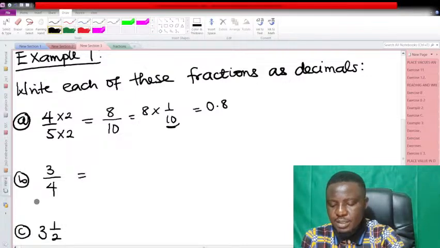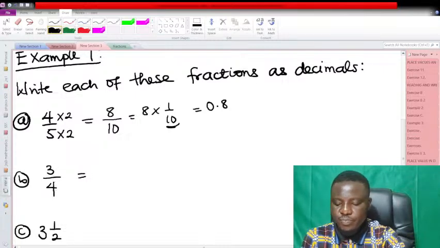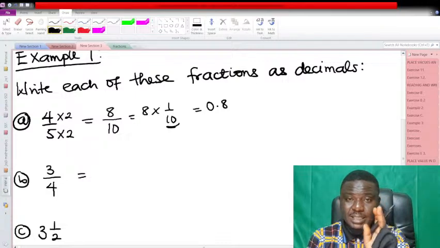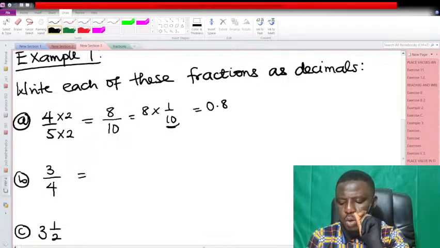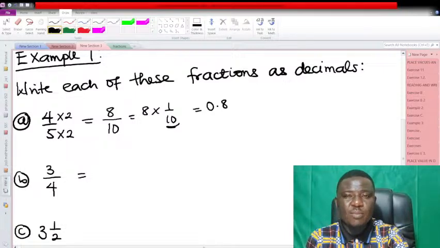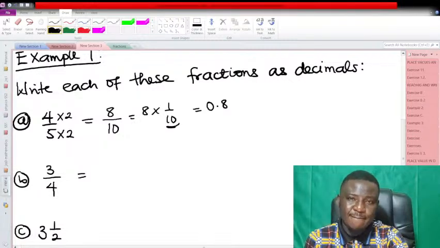B, we have 3 over 4. Just like I said, concentrate on the denominator. What will I multiply 4 by to give me a multiple of 10? 4 times 2 will not give me 10. What about 4 times 3? 4 times 3 is 12. 4 times 4 is 16. They are not multiples of 10.